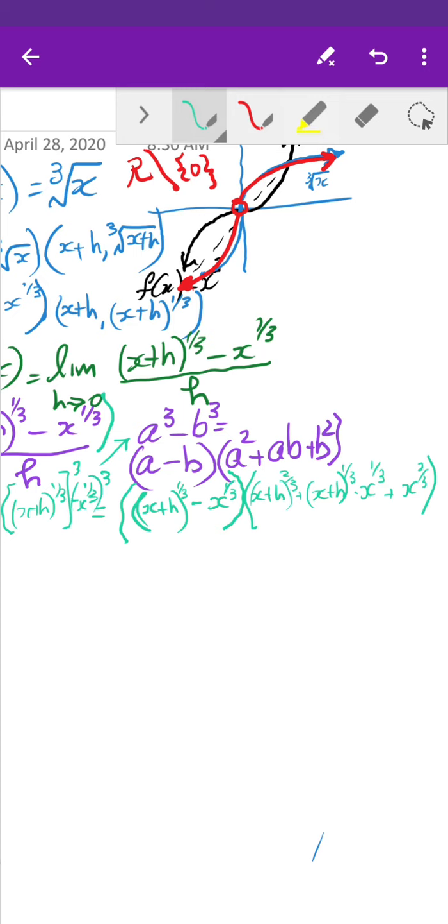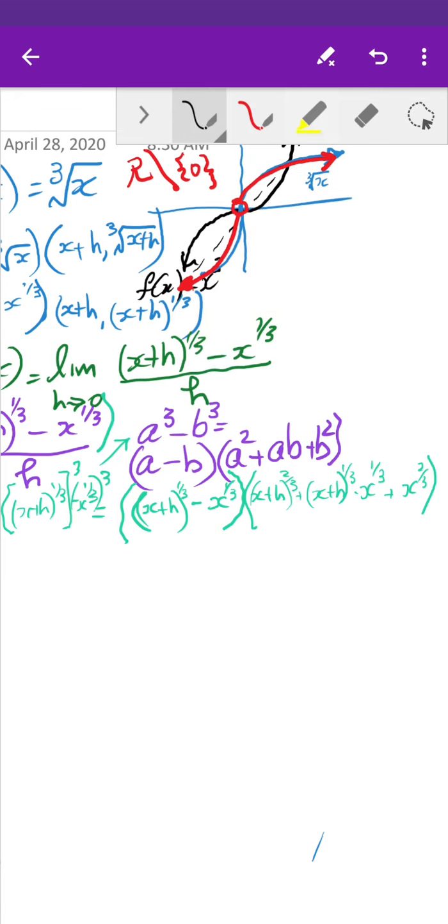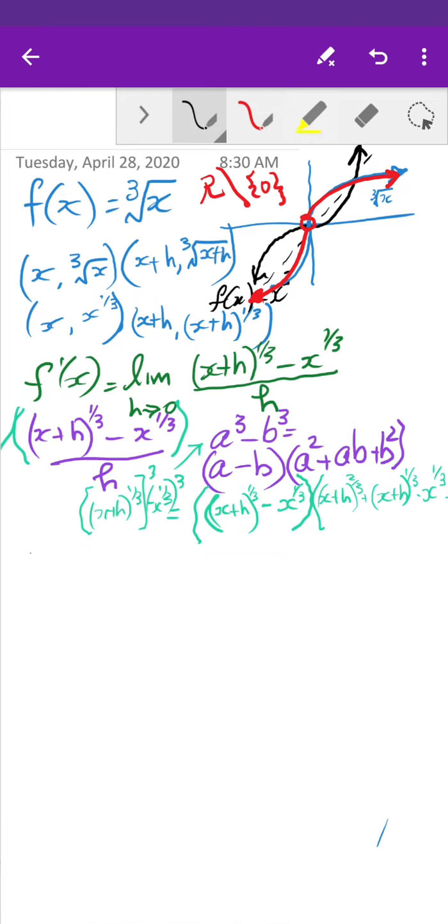Okay, so we've got a new formula that we're going to use. The formula is x plus h to the 1/3 cubed minus x to the 1/3 cubed. Now if you have 1/3 cubed, that's just x plus h, and x to the 1/3 cubed is simply x.